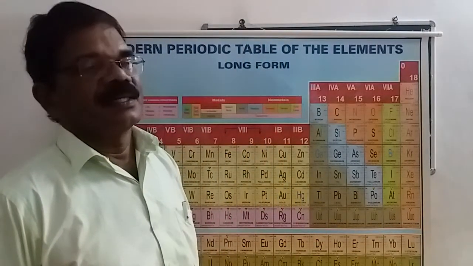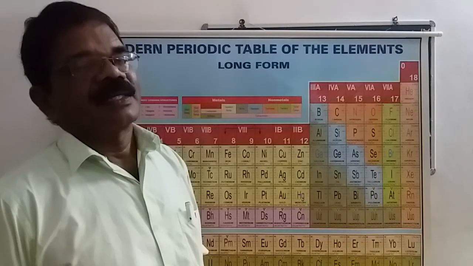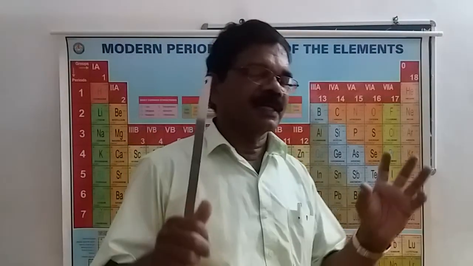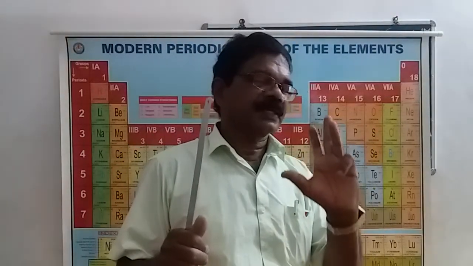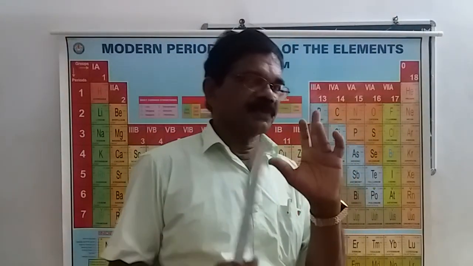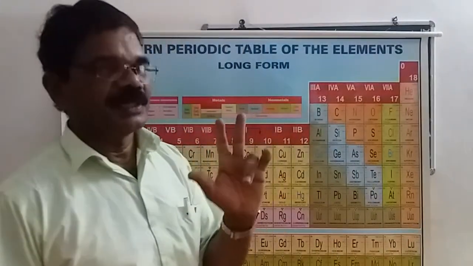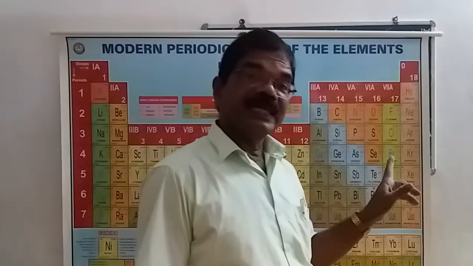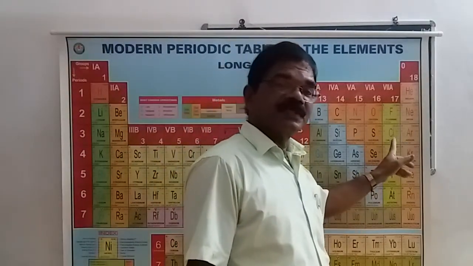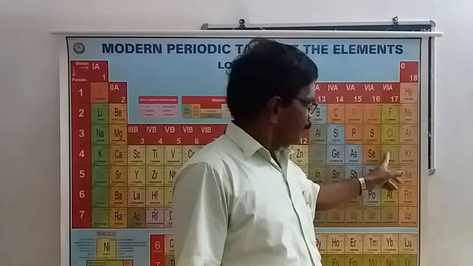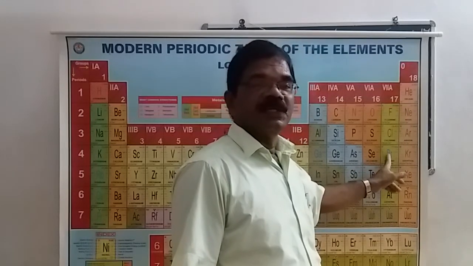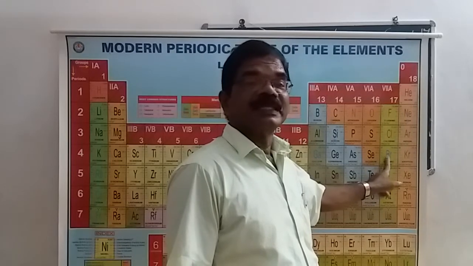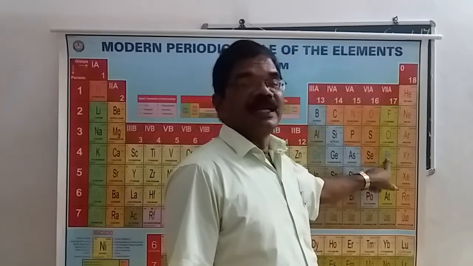We learned, what are the fundamental particles in an atom? The fundamental particles in an atom are proton, electron and neutron. Protons have positive charge, electrons have negative charge and neutrons have no charge. When an atom receives an electron, it gets an additional negative charge, so it is known as electronegativity.